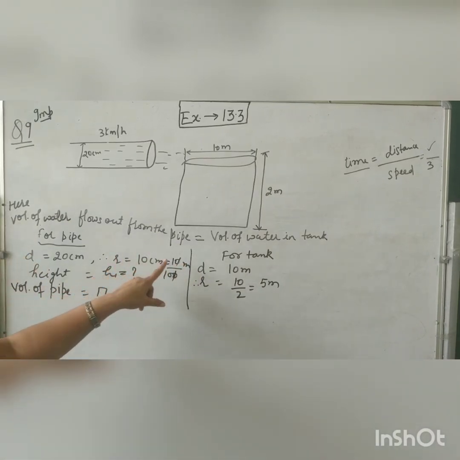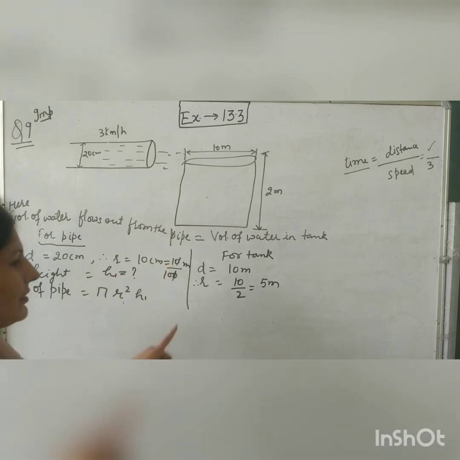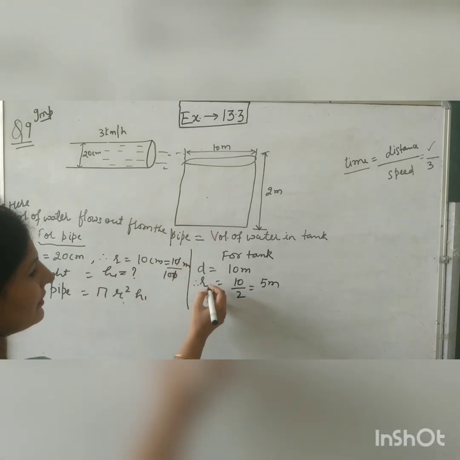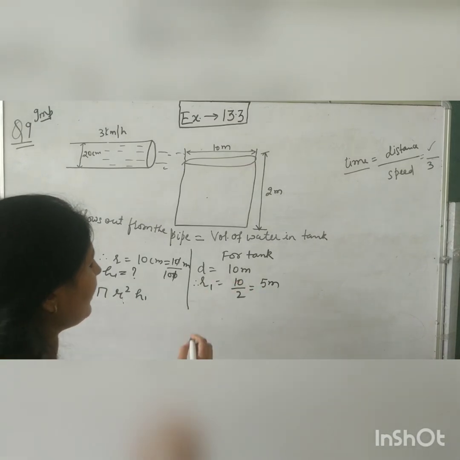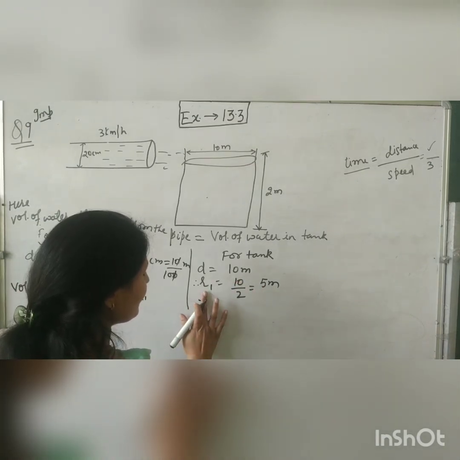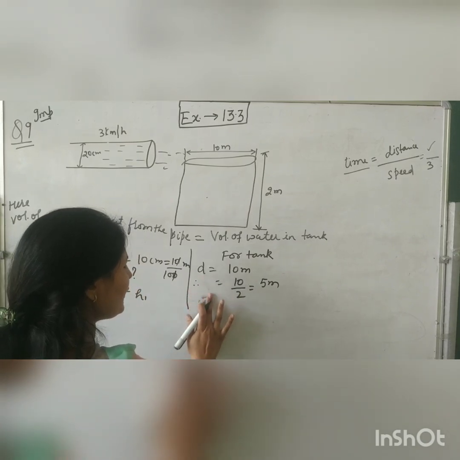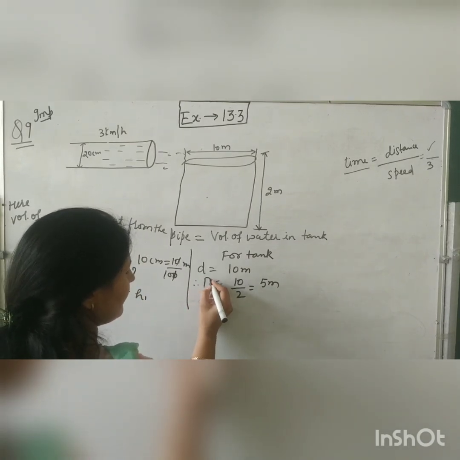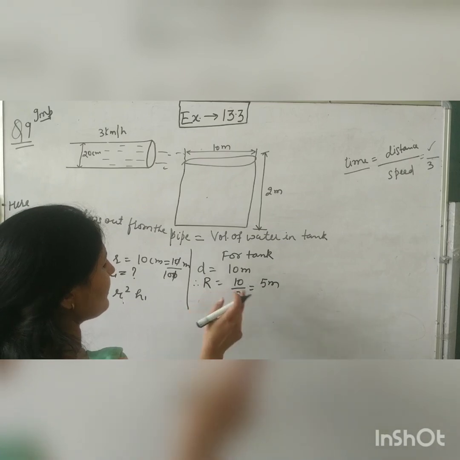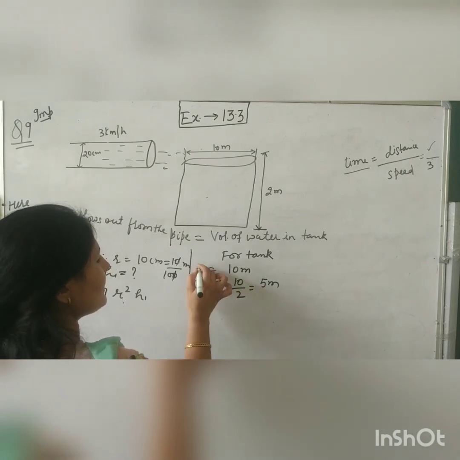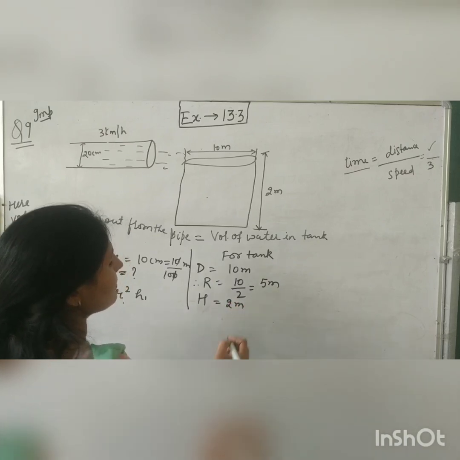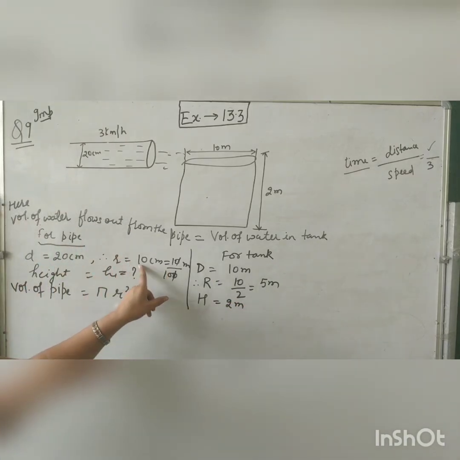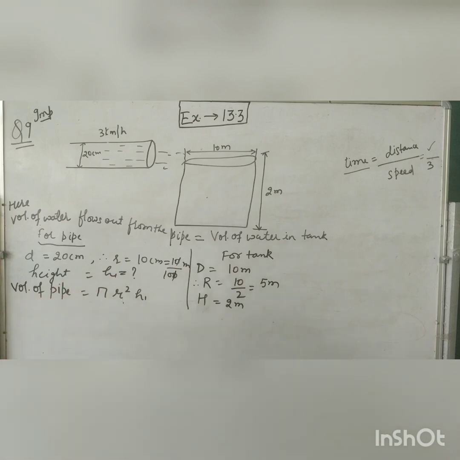So radius of pipe will be 1 by 10 meter, and radius of cylinder, let's take it R, that would be 5 meter, and height of cylinder is 2 meter. Okay, all units are same, all are in meter.